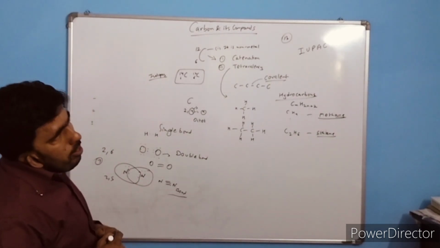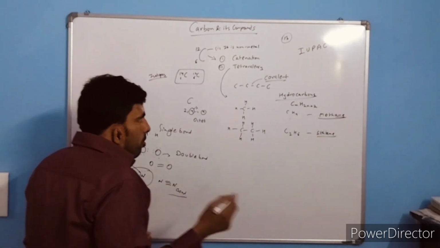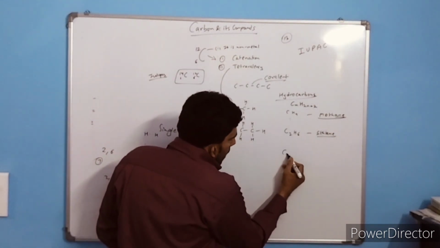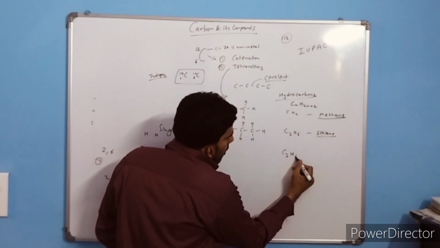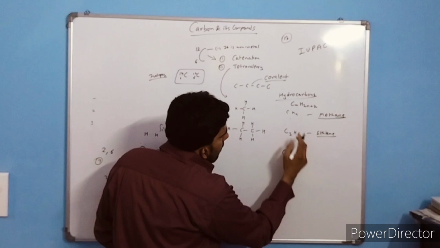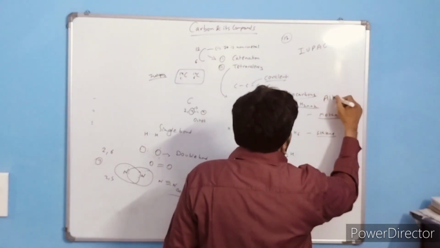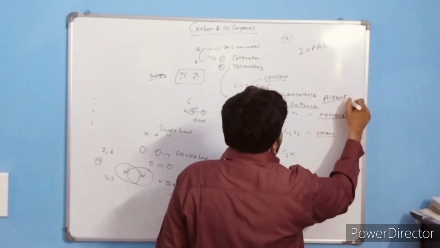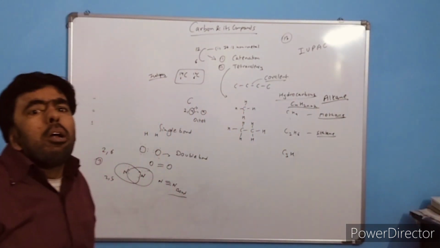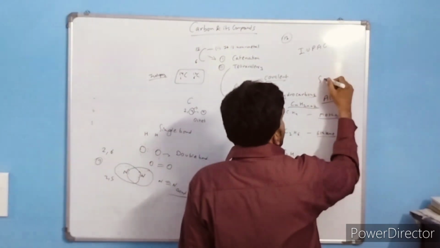We'll move on to double bond and triple bond later. Let's see more examples. If I put n = 3, that's for the alkane. This is a saturated hydrocarbon.